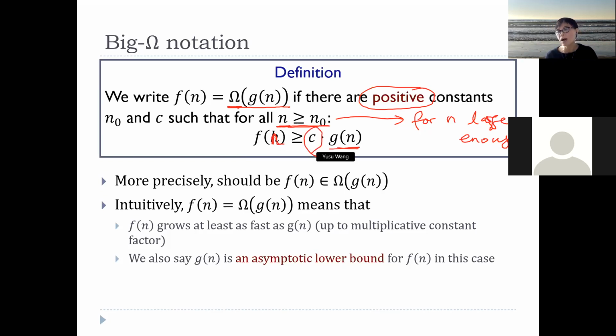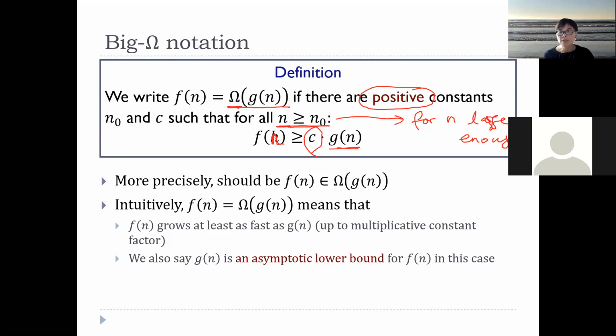You again allow some constant factor in front of it, because you want to ignore the constant factor. So after the constant factor, f of n is always bigger than g of n. In this case, we say that g of n is an asymptotic lower bound of f of n, because f of n is bigger than it. So g of n is bounding f of n from below.